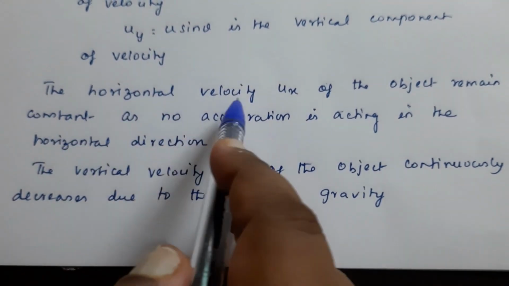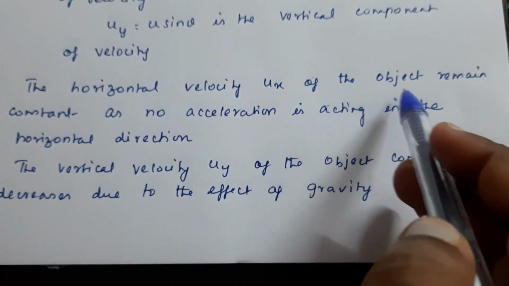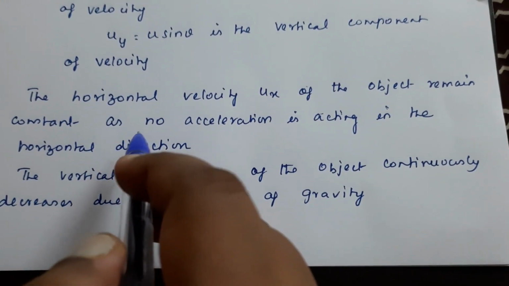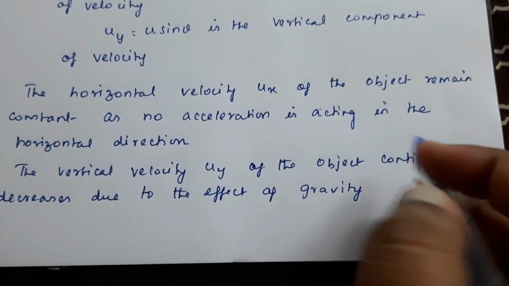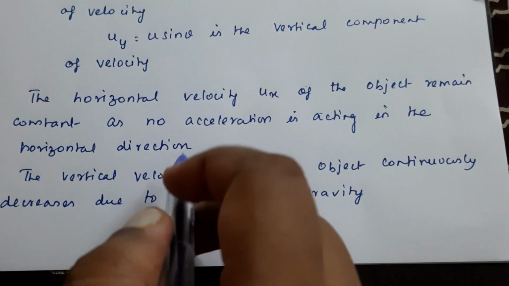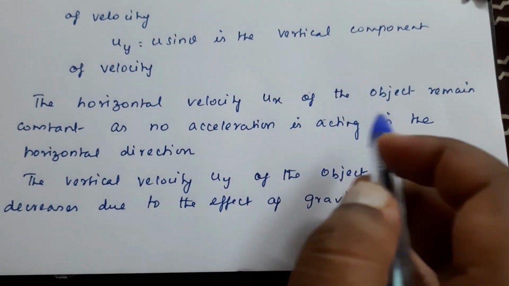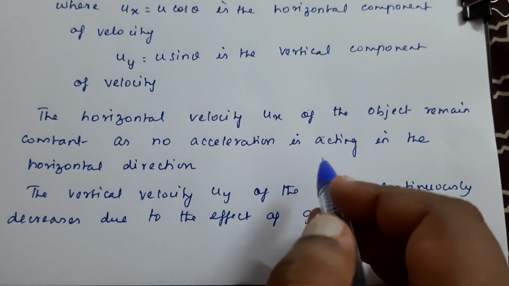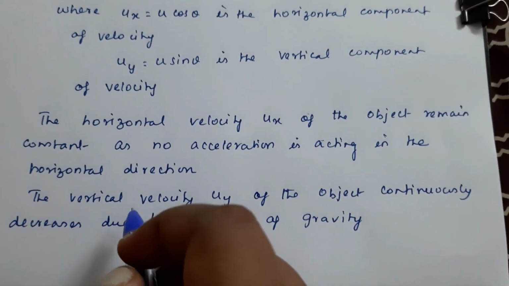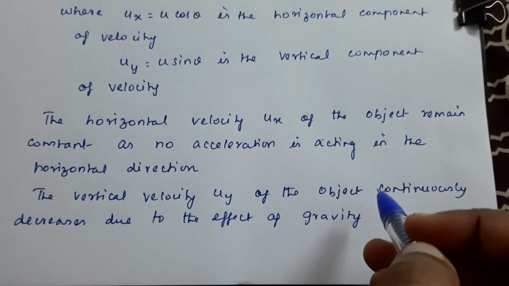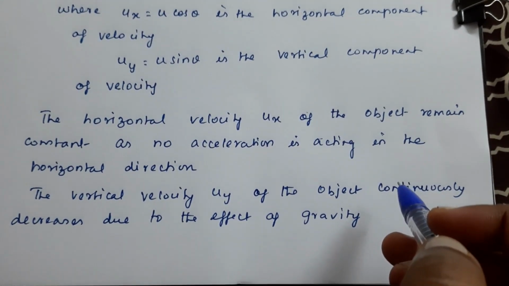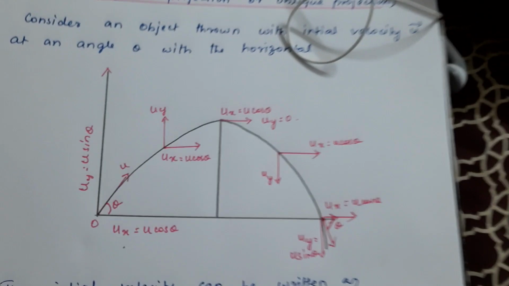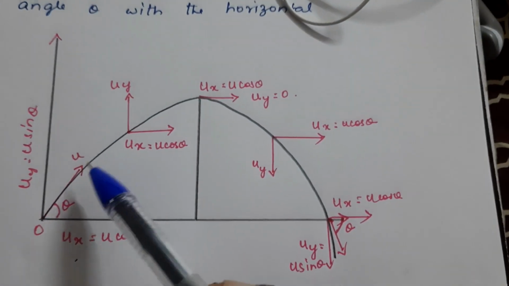The horizontal velocity ux of the object remains constant and no acceleration is acting in the horizontal direction. Since the velocity in the horizontal direction is constant, there is no acceleration in the horizontal direction. But the vertical velocity of the object continuously decreases due to the effect of gravity. So here you can see this is the vertical velocity.